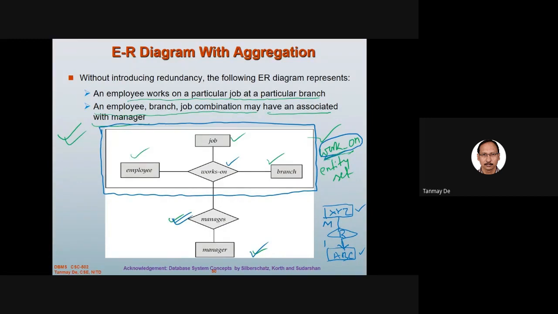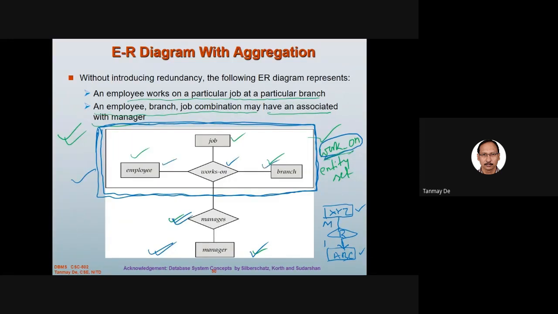Similarly, you can think of this blue color box as the aggregated entity set. Here, maybe some of the entities are associated with the manager entity, and some of the entities are not associated with the manager. Those not associated with the manager can still associate inside that structure.